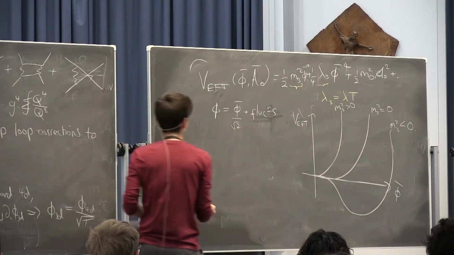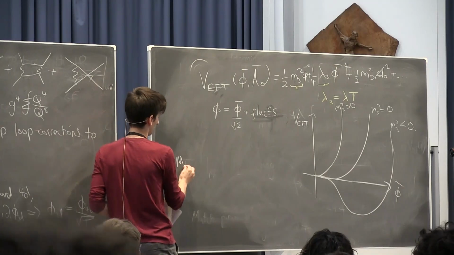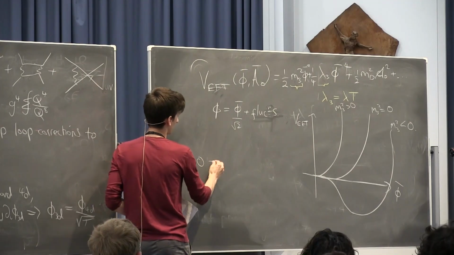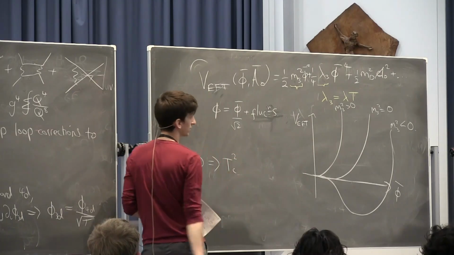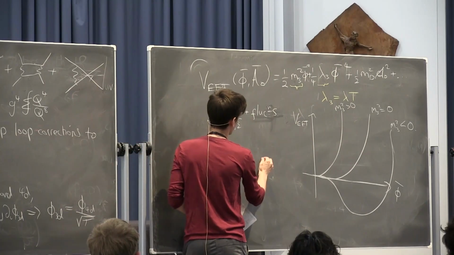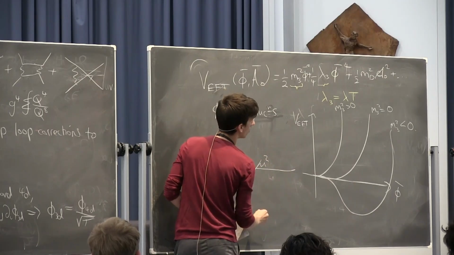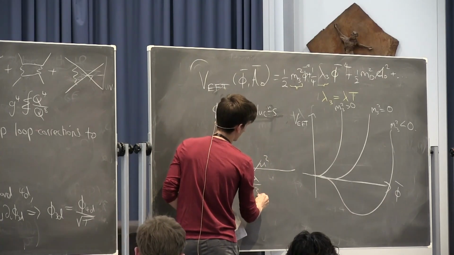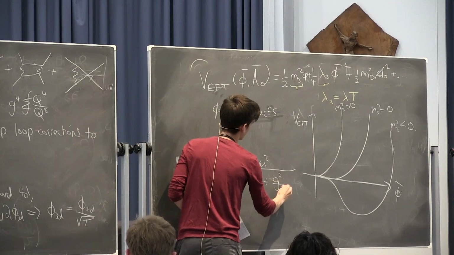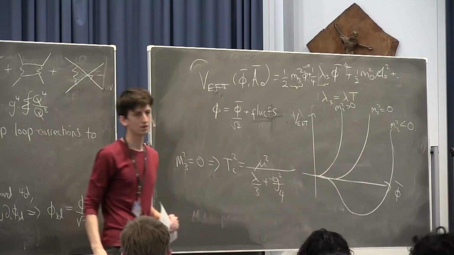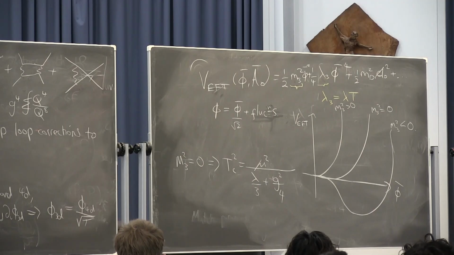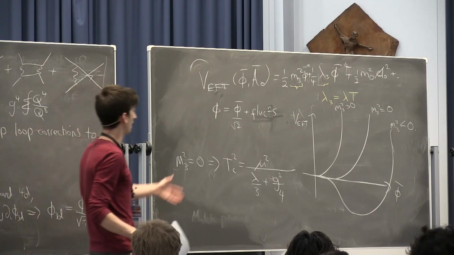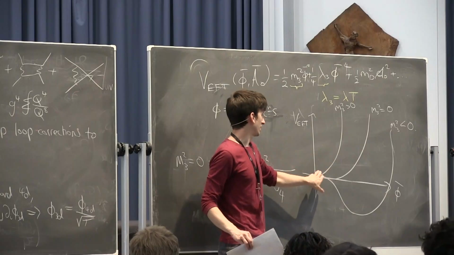And we can work out the temperature at which that happens. m3 squared equals 0 implies that T squared, I'll call it the critical temperature, is equal to mu squared on lambda on 3 plus G squared on 4. So in terms of the story at the beginning, in terms of the phase diagram, we've worked out that at high temperatures, we're in a symmetric phase.